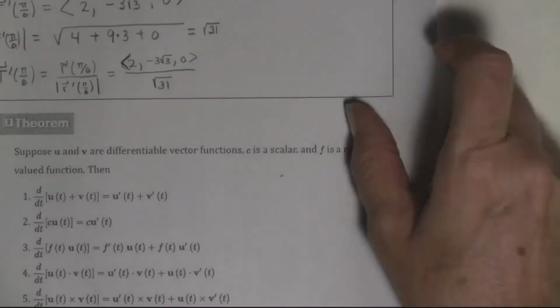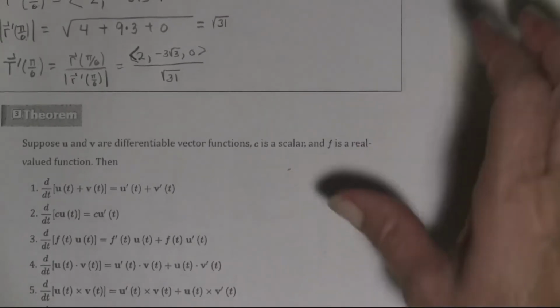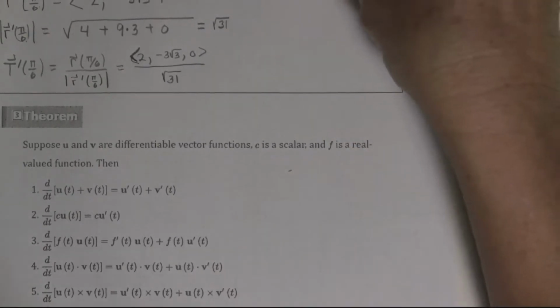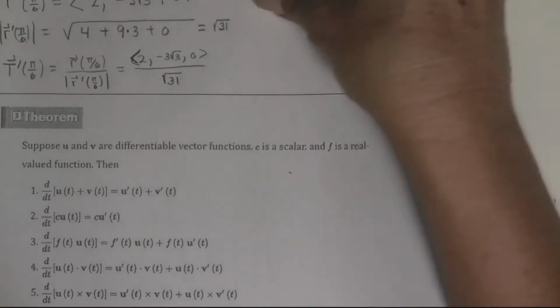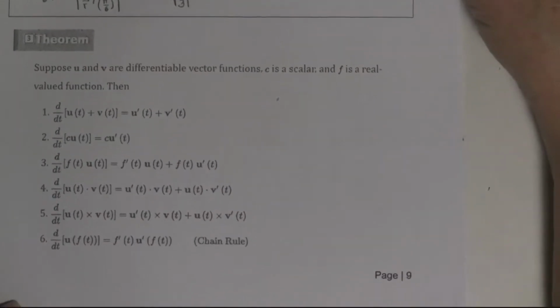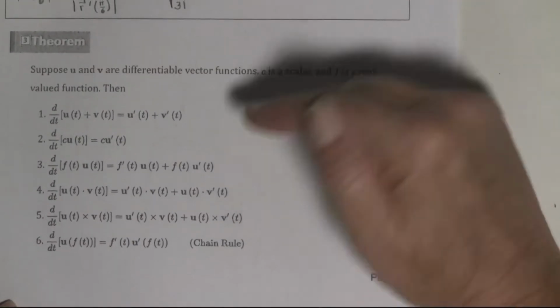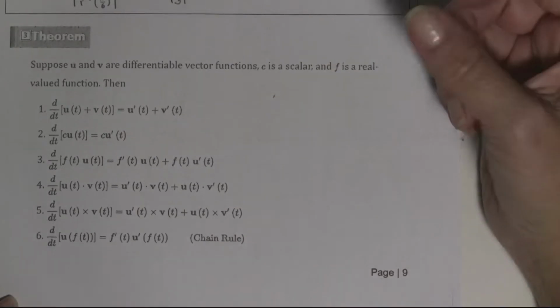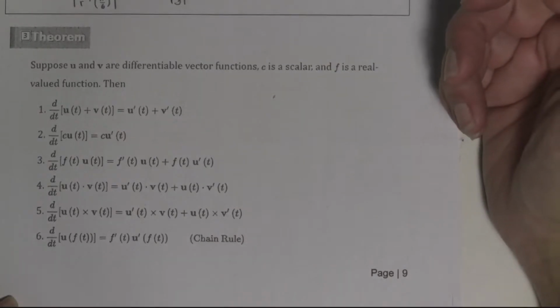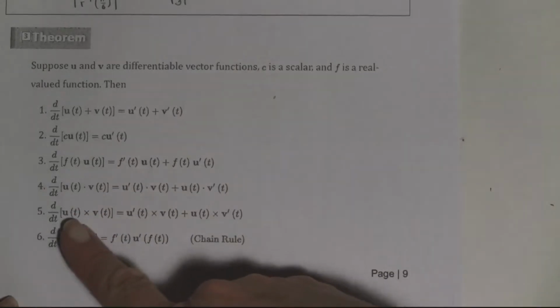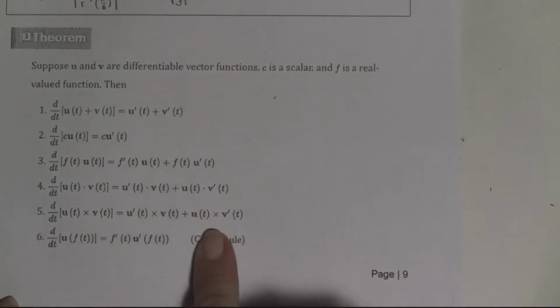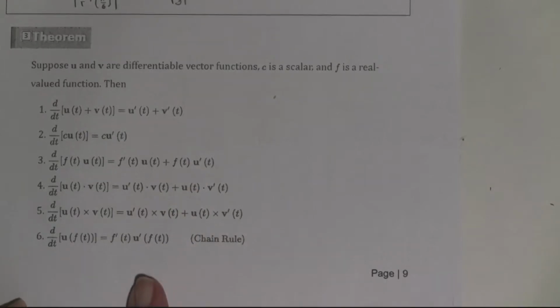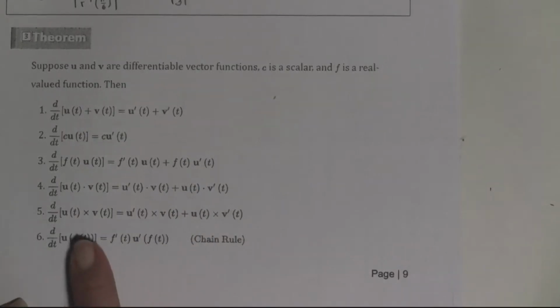There's a bunch of theorems here. The proofs are in the textbook, and in fact they ask you to do some of these proofs. They're the derivatives of vectors. So if you were crossing two vectors together and you wanted to take the derivative, and I think some of the exercises ask you to use some of these proofs.